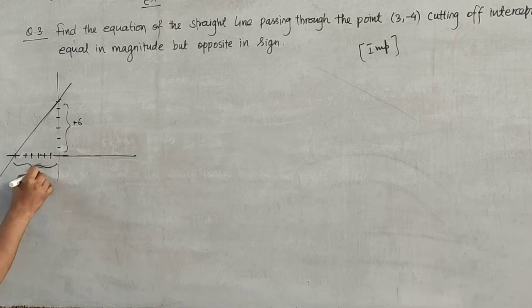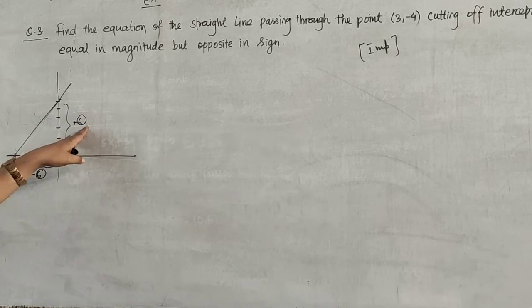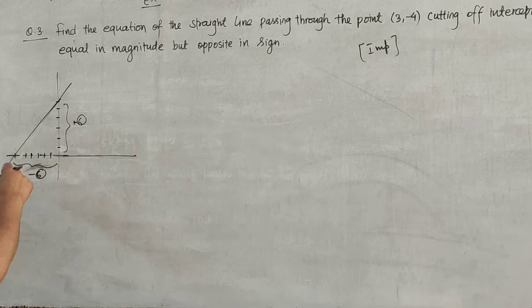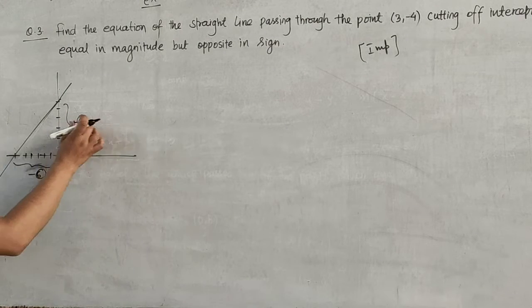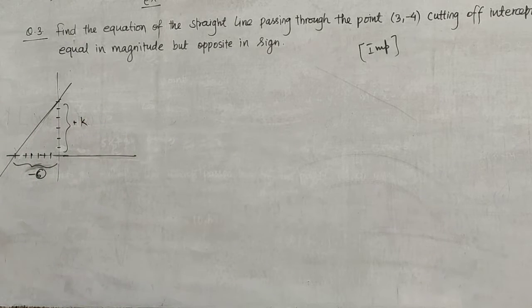It is negative 6, 6 equal. For example, only 6 is not given in the question, just for example, but opposite in sign. So if it is k units x-intercept, it is negative k. Just in that way we have to suppose.